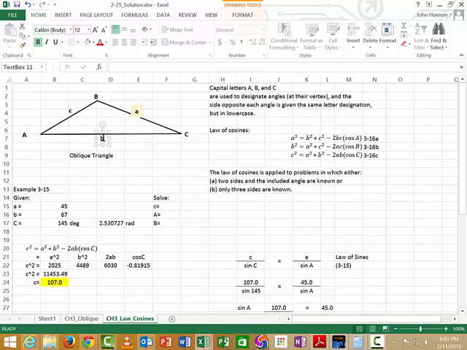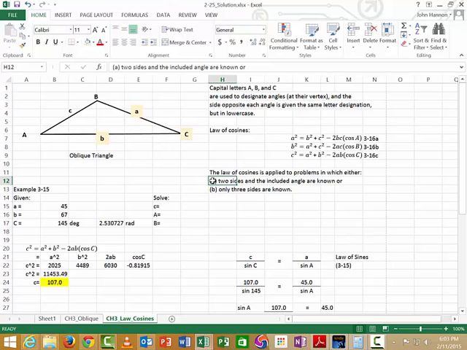They give us side B, which is 67, and they give us angle C, which is 145 degrees. So two sides and an angle, that's what applies.